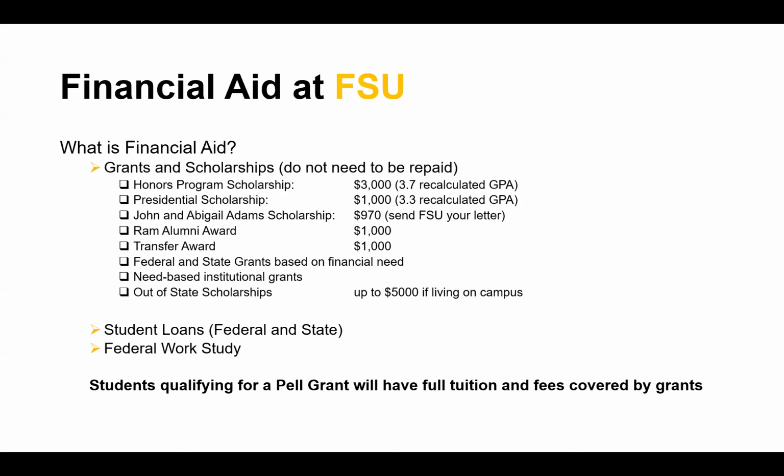So if a student qualifies for Pell Grant, and they meet the Massachusetts State Financial Aid criteria, they will have tuition, fees, and a stipend for books covered by grant funding from federal and state sources. And you will know if you qualify for Pell when you do the FAFSA.